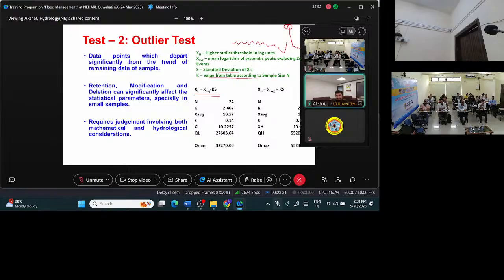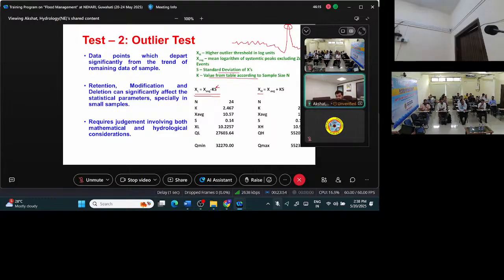So you can see that if the standard deviation of a sample is very high, then XL will be very small, because this S parameter will increase. If standard deviation is 0, then XL will be equal to X average.